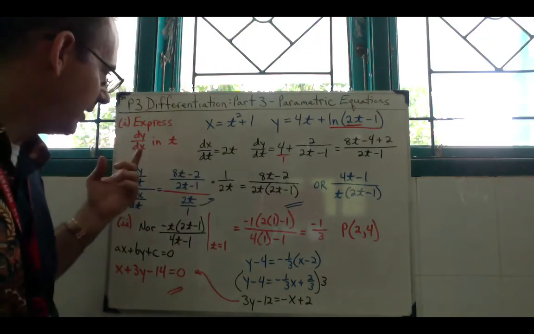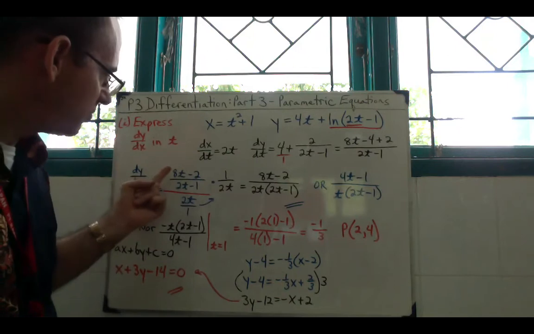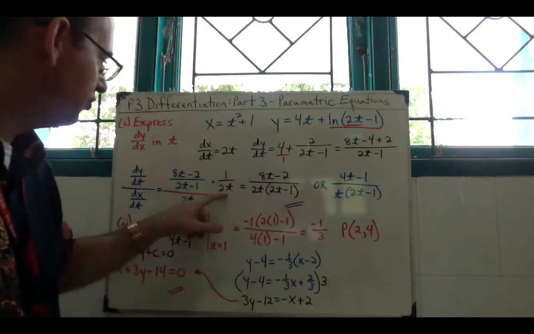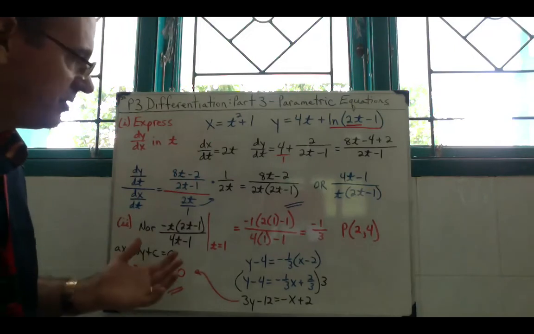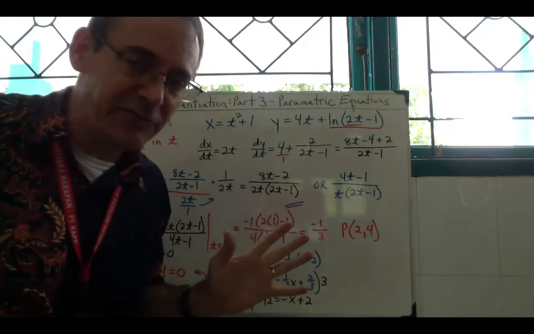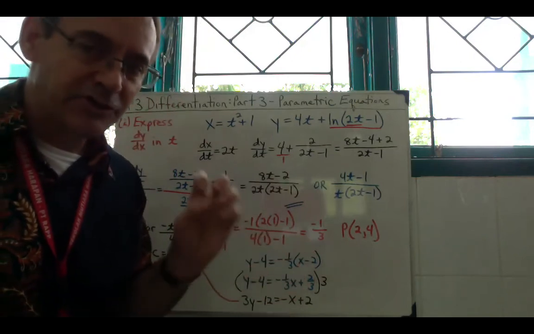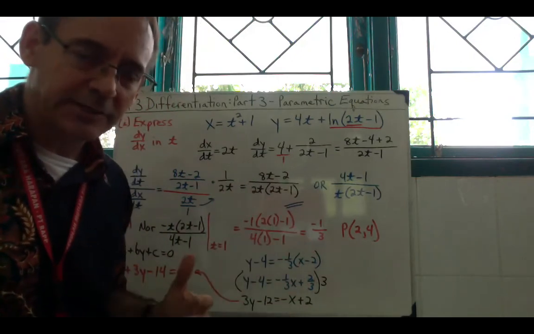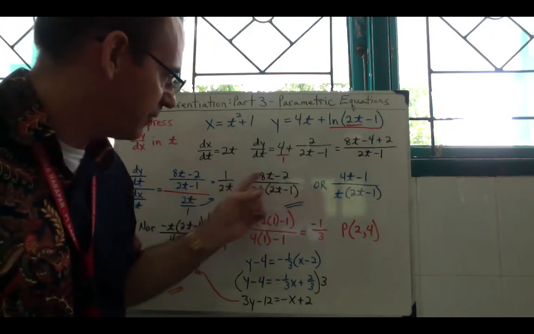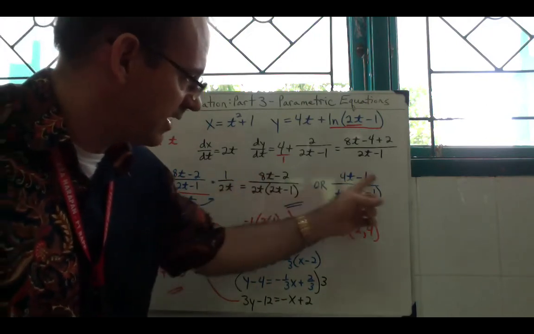And if you just multiply across, you get 8t minus 2 over 2t times 2t minus 1. This is your answer. It can be in any form. It's OE, or equivalent. If you look at the mark scheme, it says OE. You could factor out a 2 from the top and cancel it to have this.